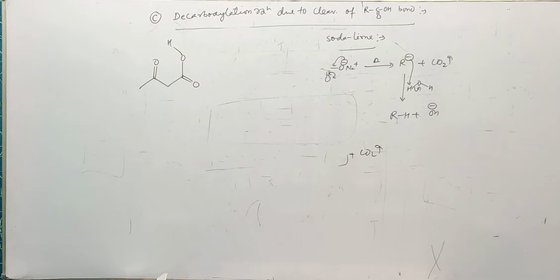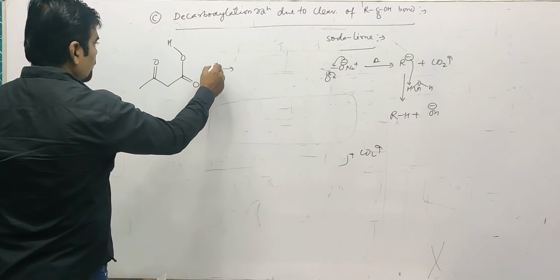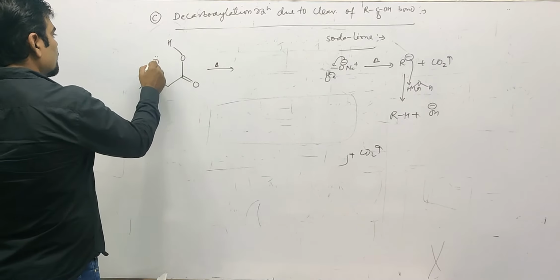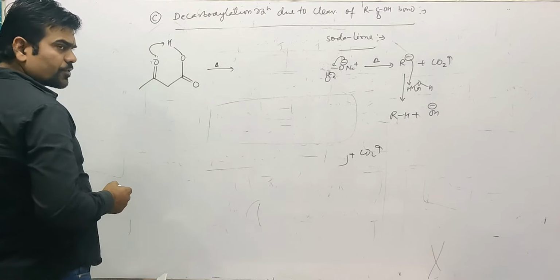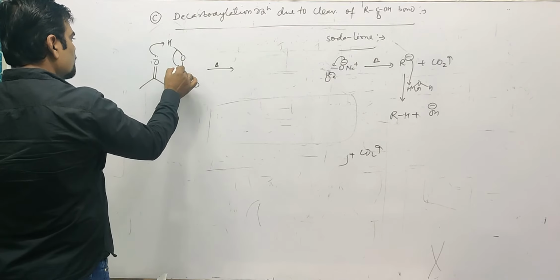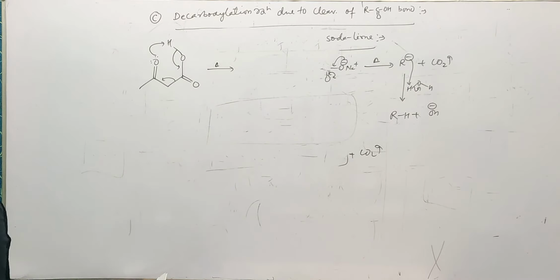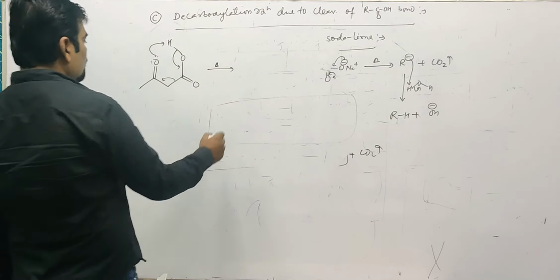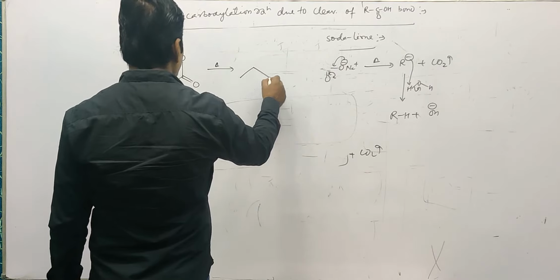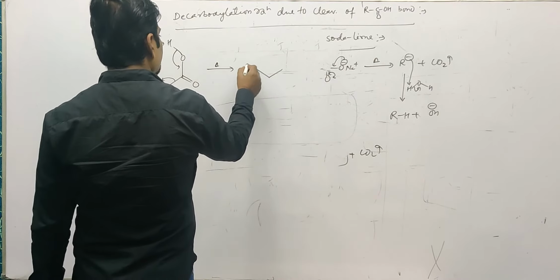Like this. If we take this acid, what will happen upon heating? This electron pair migrates to this H+, this bond will move out, and this bond will move out. So it forms a cyclic transition state like this.